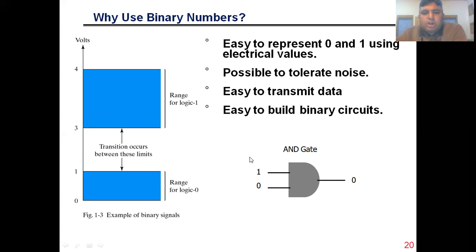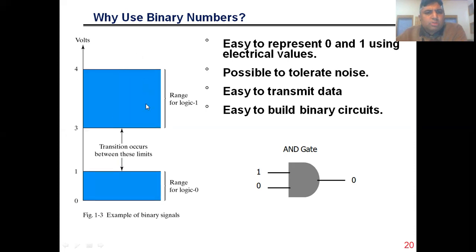We will define the AND gate in our coming lectures. An AND gate basically gives you a logic 1 output only if both of its inputs are 1. If any of its inputs is 0 or both the inputs are 0, it gives you logic 0 at the output. So binary numbers can be used in designing binary circuits.